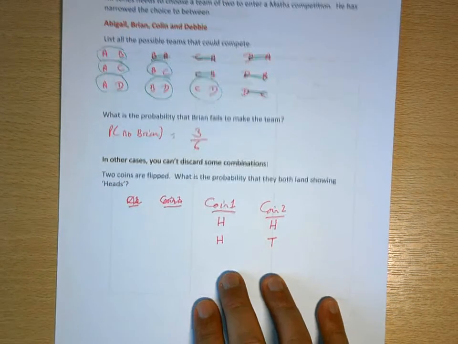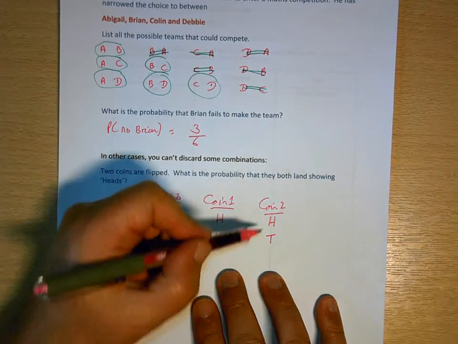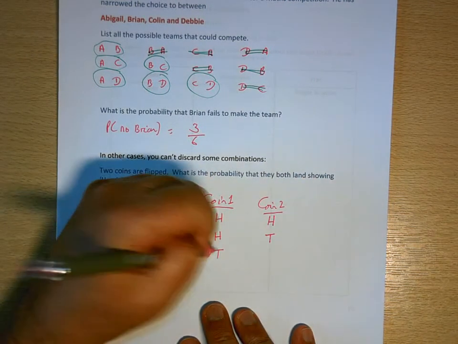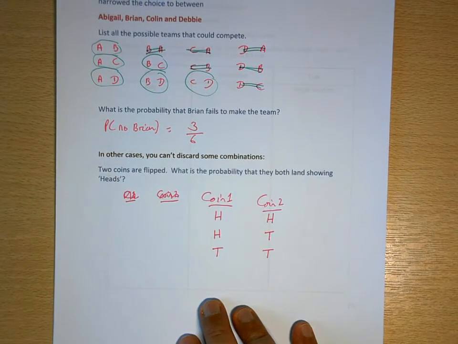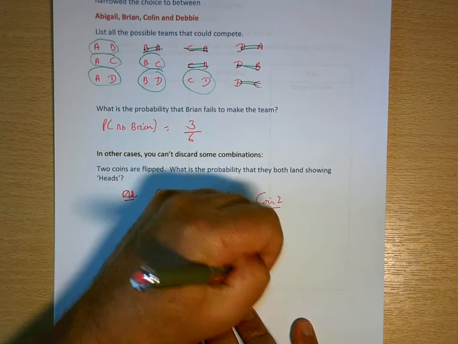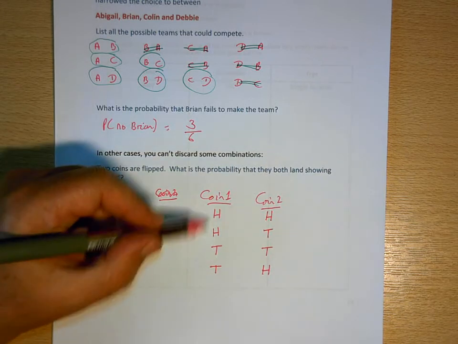So I fixed coin 1 being a head and considered the 2 possible outcomes for coin 2. Then coin 1 could be a tail, and coin 2 could be a tail, or coin 1 could be a tail, and coin 2 could be a head. So there are 4 possible outcomes.